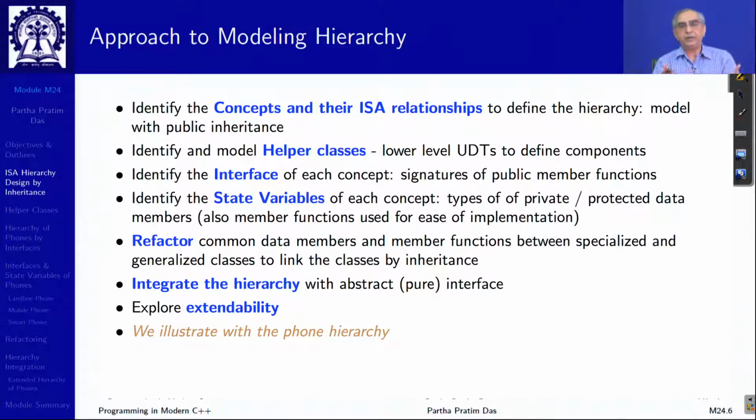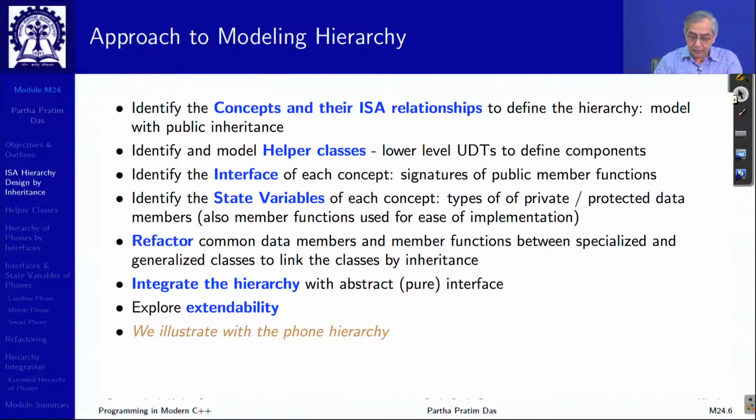There may be more concepts that come in future, and you may want to keep adding to that. So, explore that extendability, and this, to put in brief, could be a broad approach that you can take to design the hierarchy and code it in C++.